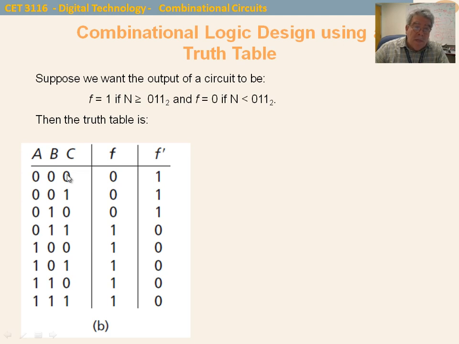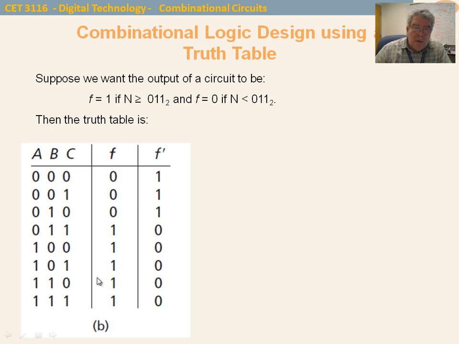Whenever we reach a number that is greater than or equal to 0, 1, 1, then we start having a 1 from then on. If the number is less than that, we have a 0.